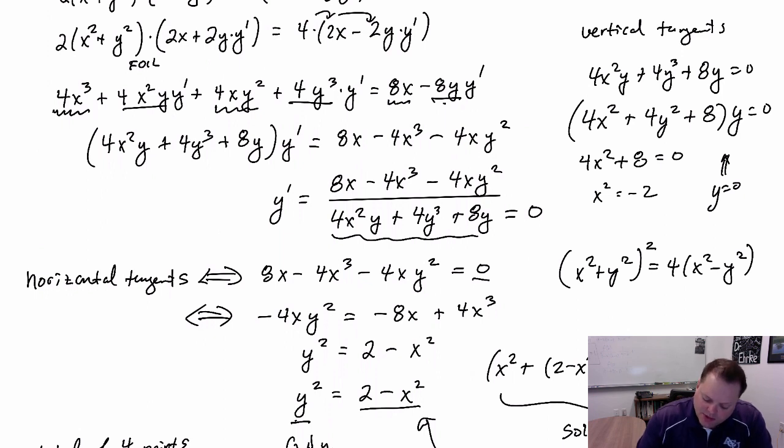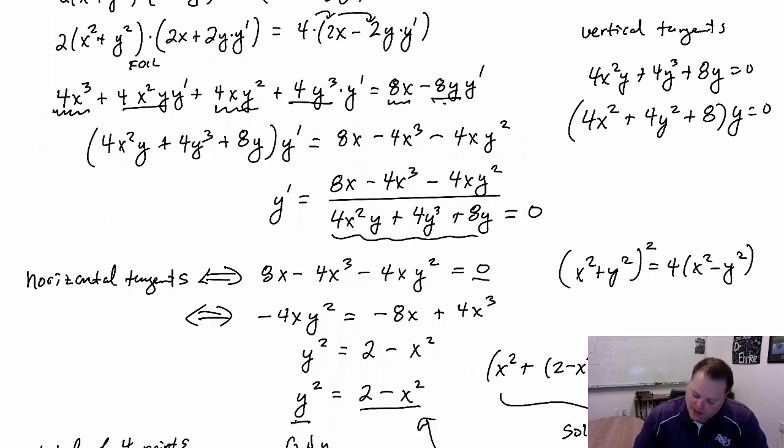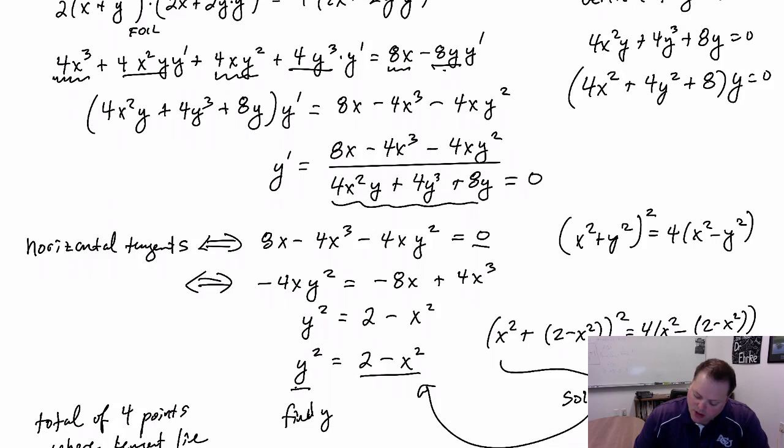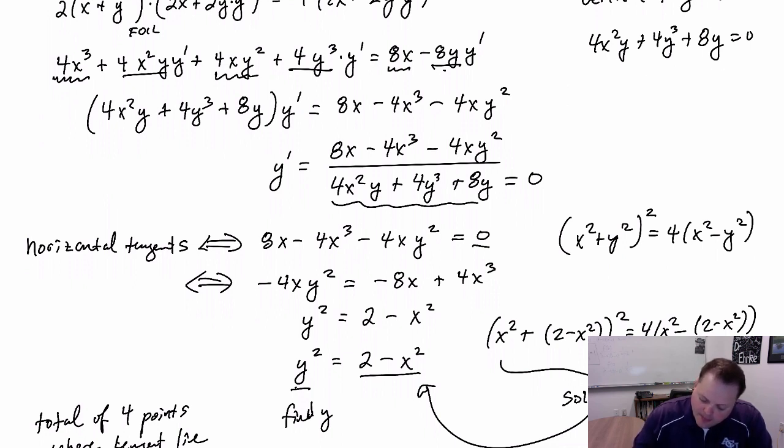Oh, whoops, made a mistake. Let me go back real quick. So yeah, actually I'm going to have to do this one just like I did the other one, where I would have to solve for this thing in terms of x squared, it looks like. Yeah, so my apologies. So I would take and solve.